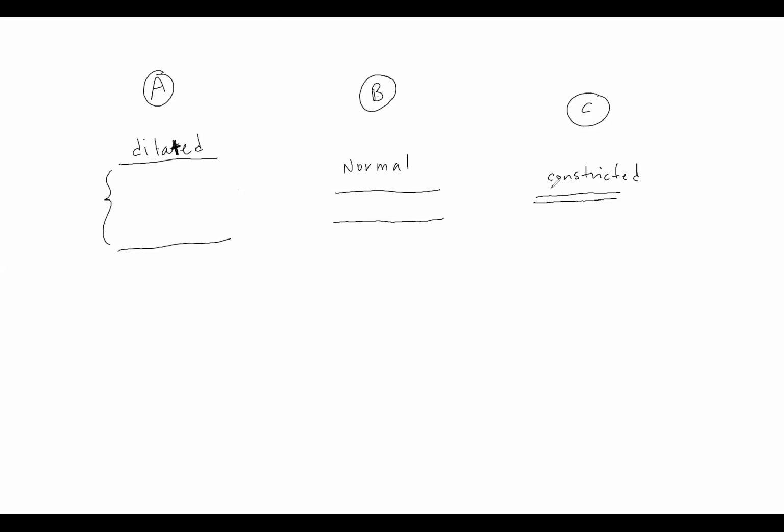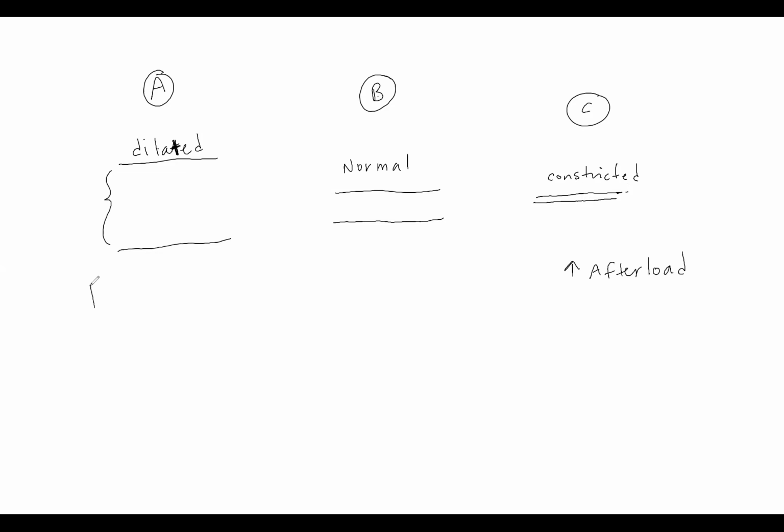I could probably squeeze through maybe, but it's going to be very difficult for me to get in and out of that room and go through that door. So that's kind of what happens when somebody is vasoconstricted. So this is oftentimes a very high increase in afterload.